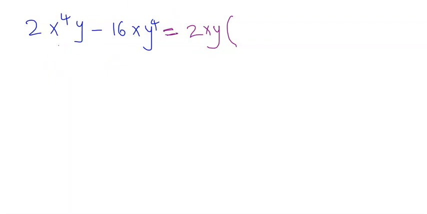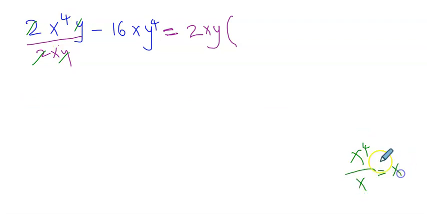So if you divide this by 2xy, 2 and 2 cancel, y and y cancel, 2 cancel out one time, remaining x to the 4 divide x. X to the power of 4 divide x is x to the power of 4 minus 1, that is 3. That is, on the numerator you have 4 x's, denominator only 1 x. That 1 x cancel out, leaving behind 3 x's.